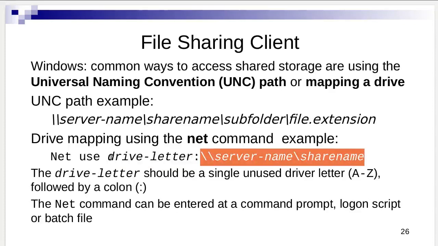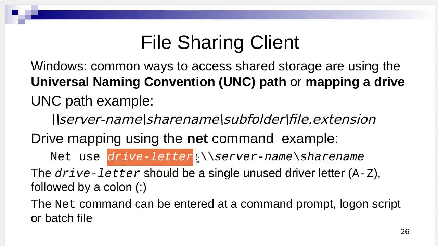If you typed in net use G colon and then all of this, and then you can say G colon, and then you'll go to that network drive. So the net command, like with all the commands that we looked at previously, can be entered at a command prompt, or in a logon script or batch file that you can execute.